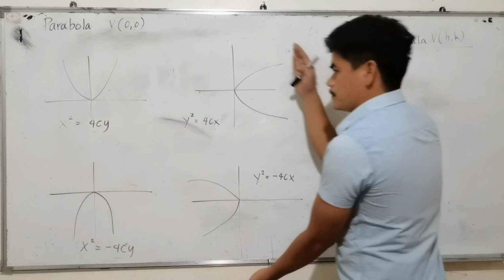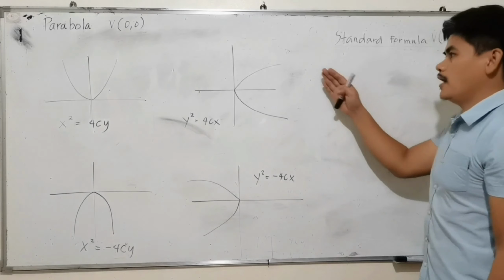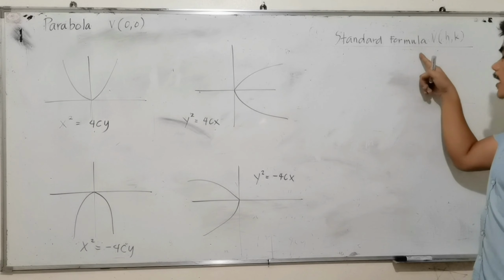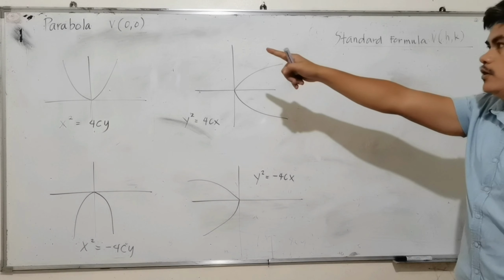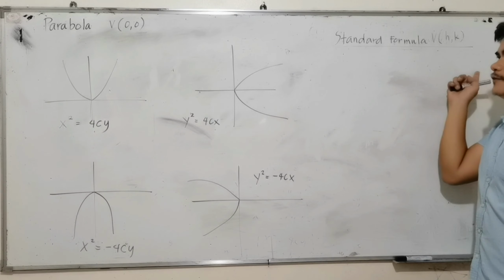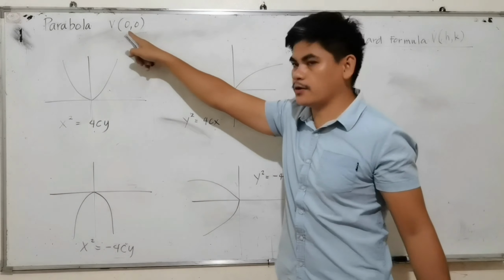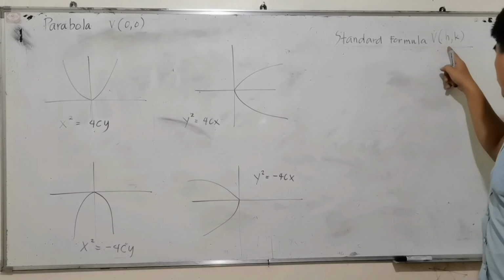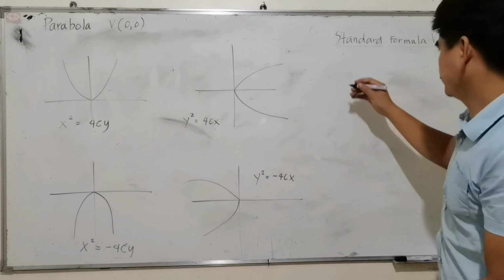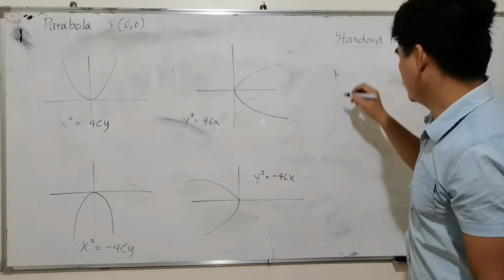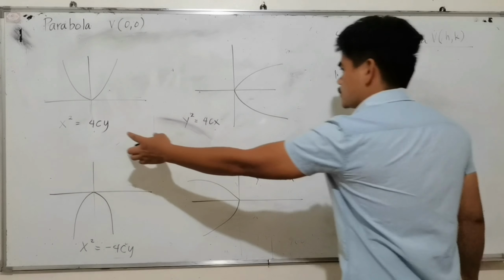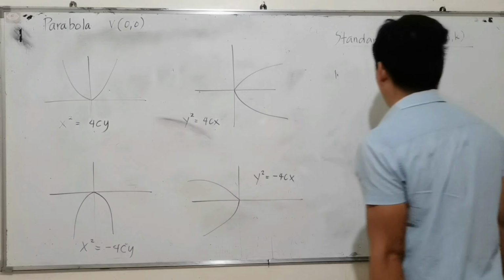From this principle, we will come up with the standard formula of a parabola if the vertex is not at (0, 0), but at (h, k). So number 1, we have x squared equals 4cy if (0, 0).